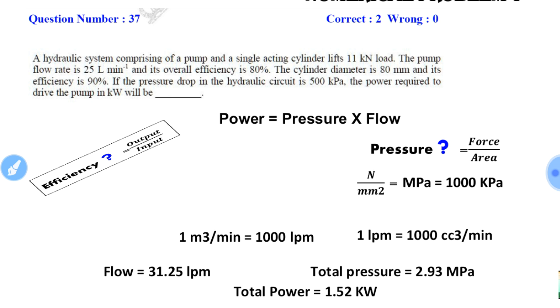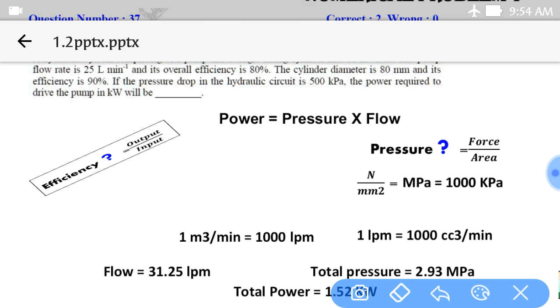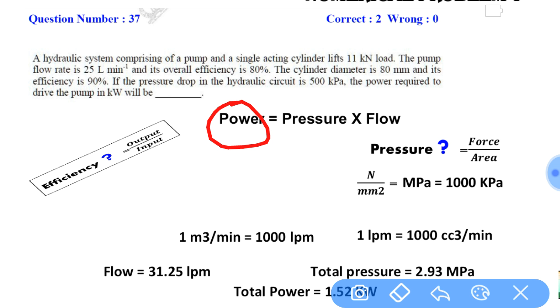What is the question? The power required to drive the pump in kilowatt will be what? So first we need to see what we need to find out, that is the power. Power is the product of pressure and flow. Simple.